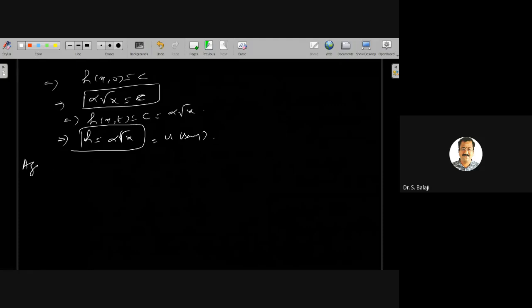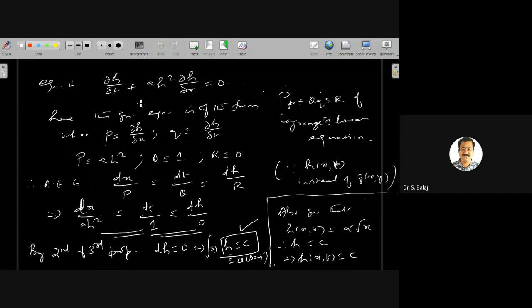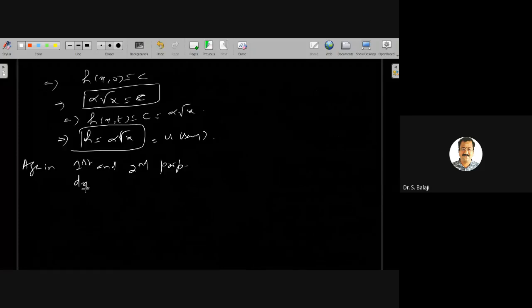Again, by the first and second proportion, instead of c you can write alpha root x. First and second proportion: you can write dx by a h square equal to dt by 1.